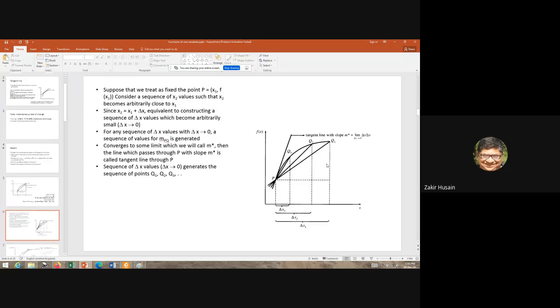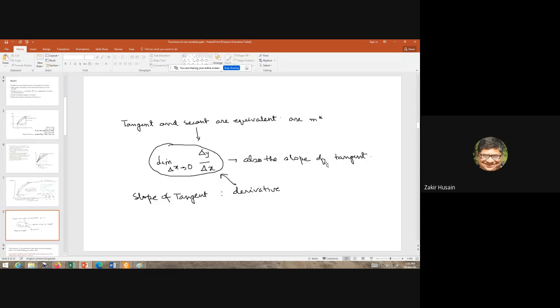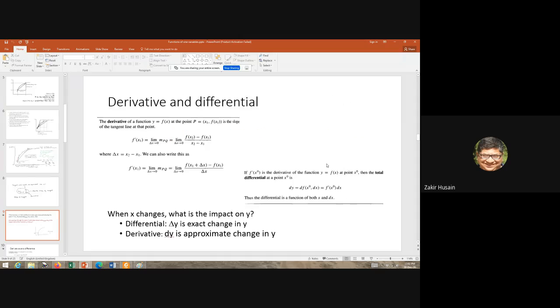Then we introduced the concept of total differential, and we said that the derivative is an approximation. It is given by f(x2) minus f(x1) over x2 minus x1 when delta x tends to 0. Differential, on the other hand, measures the exact change in y.